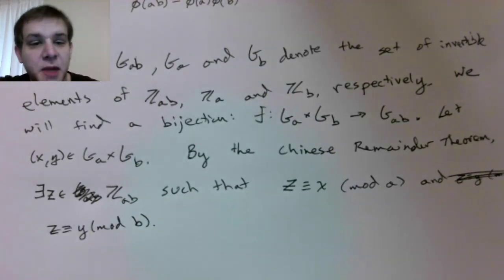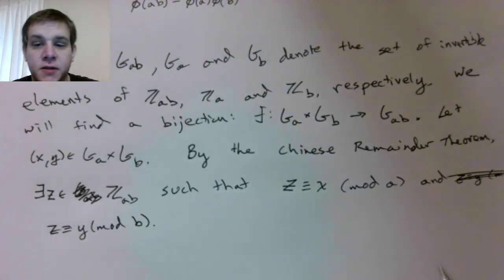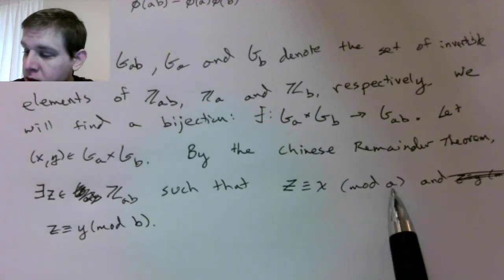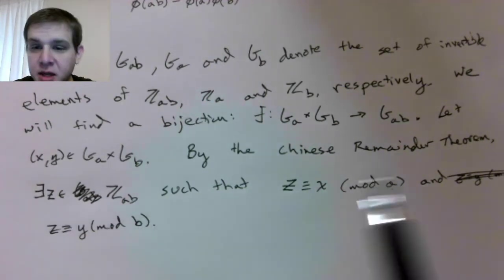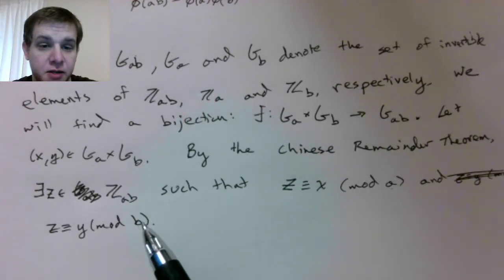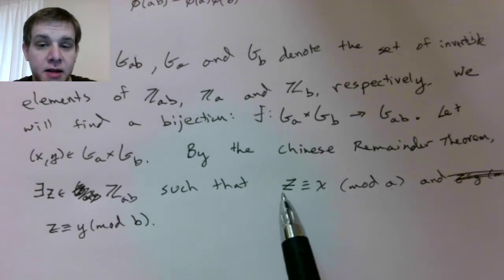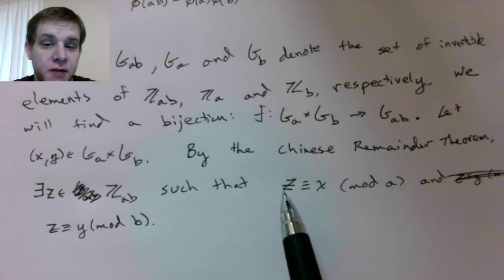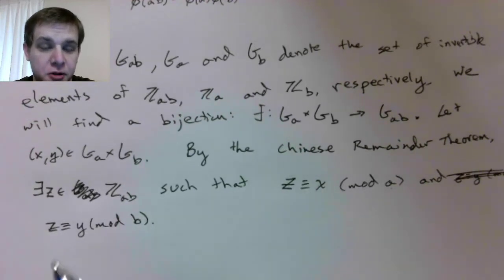So the Chinese remainder theorem tells me that if I pick two numbers, one modulo A and one modulo B, and A and B are coprime, this is very important as part of the assumptions of the Chinese remainder theorem, then I can solve these congruences simultaneously.